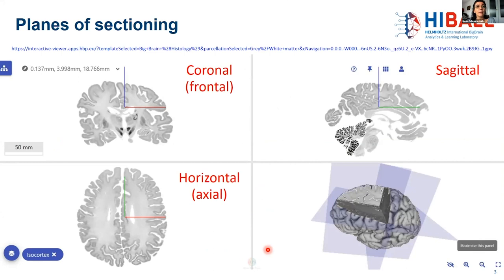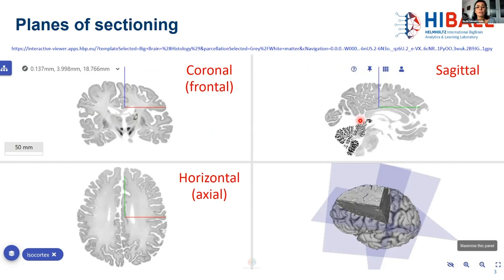There are 3 planes of sectioning that are used in a standard manner in brain anatomy. One is the coronal or the frontal plane of sectioning. It is the one that divides the brain into anterior and posterior parts.